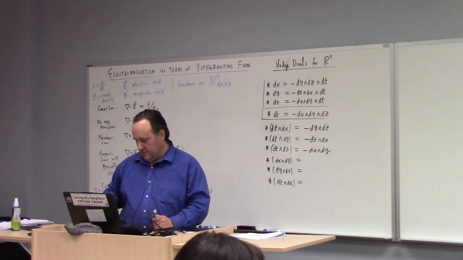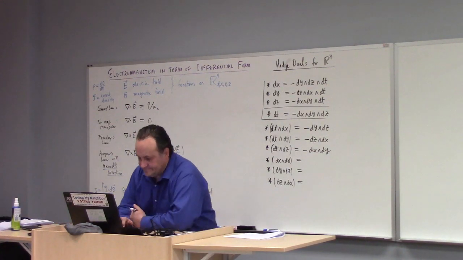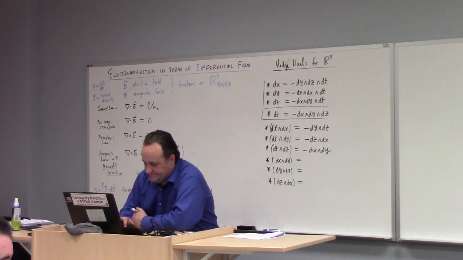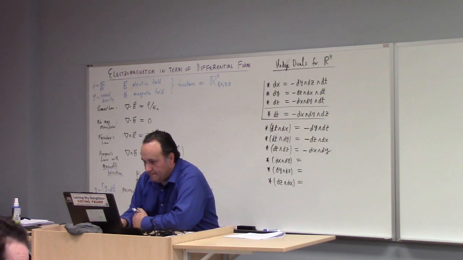All right. So give me a second. Violet has the spreadsheet up. Yeah, the 2015, Hodge dual is 1. Always. According to the table.